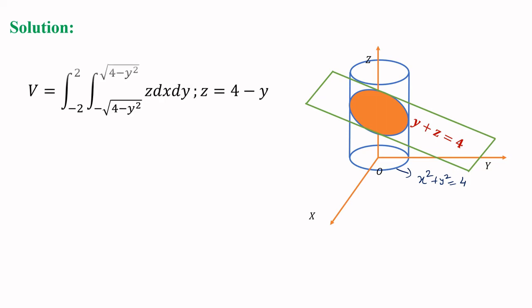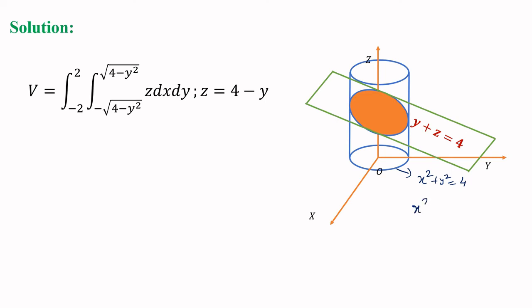So all in above, so what we get here for this circle, what we have the limit for this one. So x is equal to minus square root of 4 minus y square to square root of 4 minus y square.